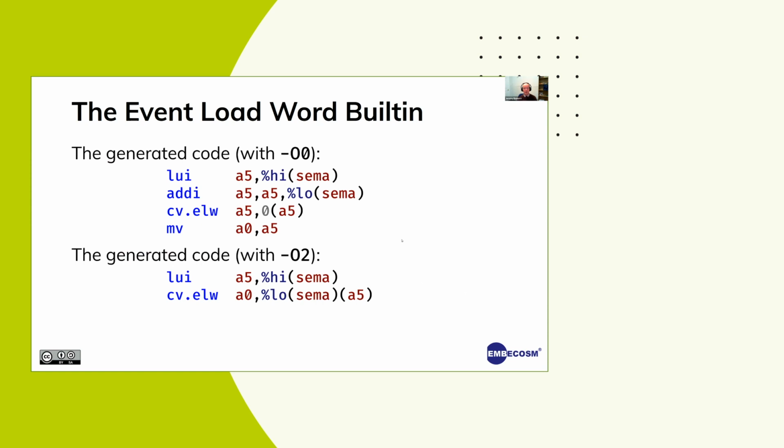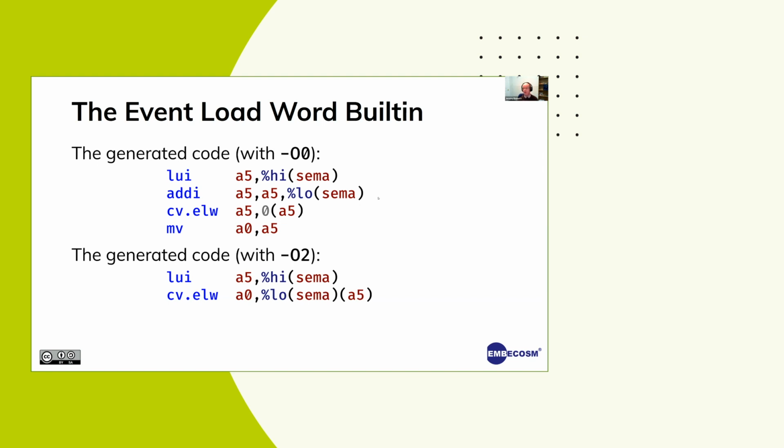So let's look at what happens with the event load built-in. In that example, if we generate with no optimization, we can see how the compiler loads the word: load upper immediate puts the high bits in. This is how you put an address into a register. You have to do it in 2 instructions. The first instruction puts the top 20 bits into A5, and then we add to A5 the low 12 bits.